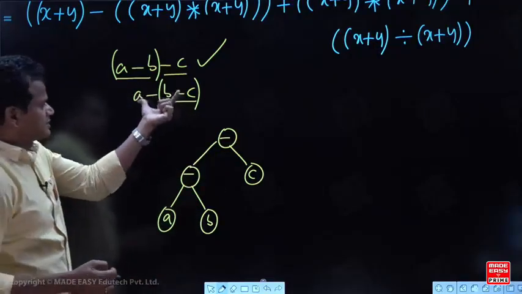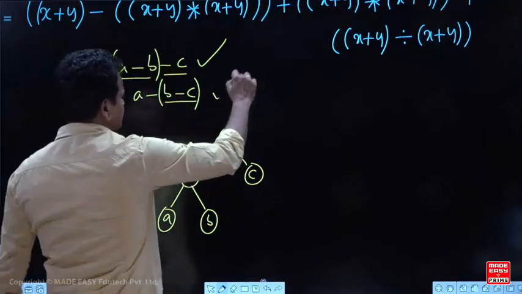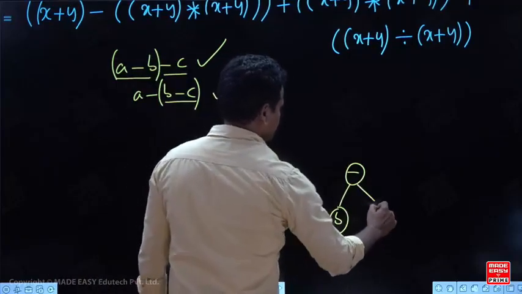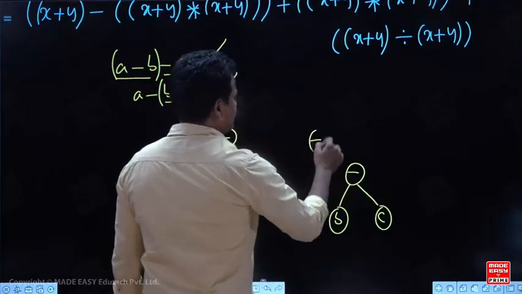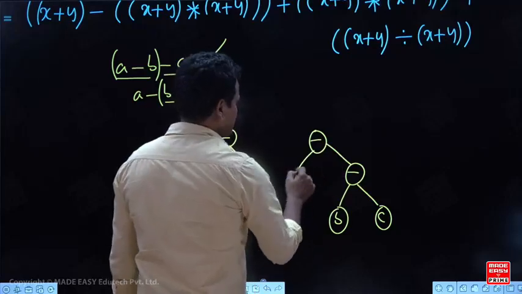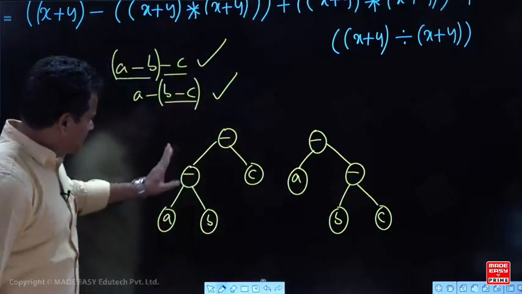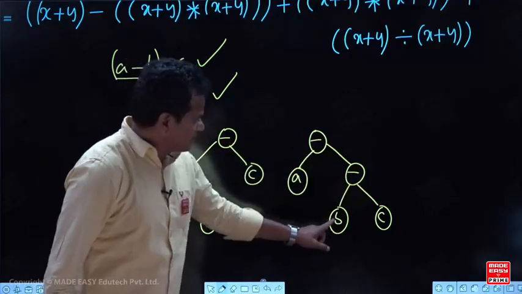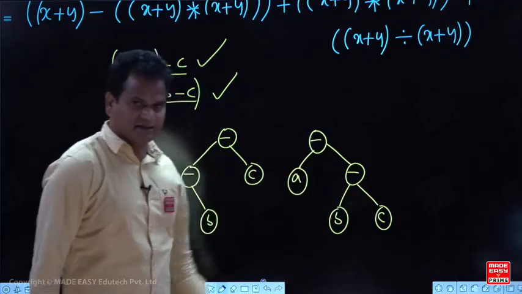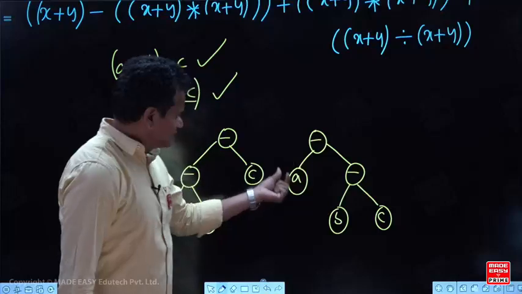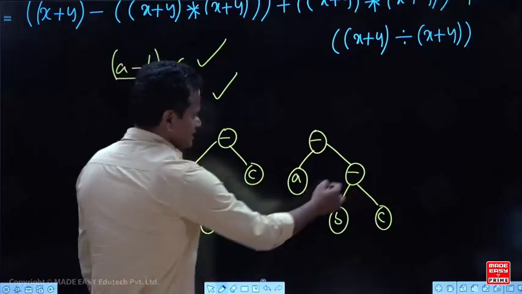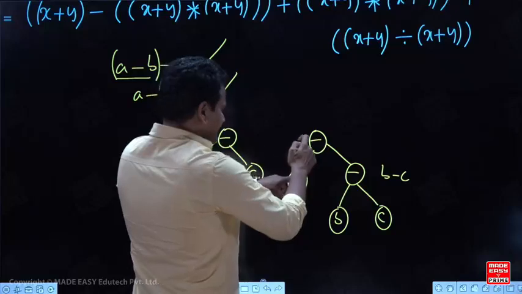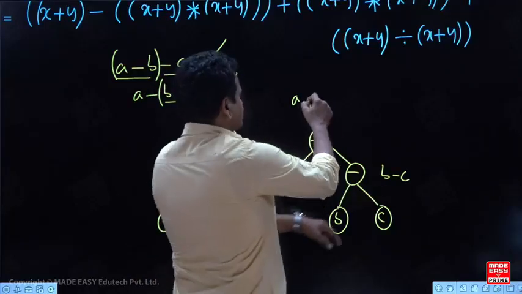Suppose I want to do this one: B minus C, and then A minus that. Do you understand the difference here? This is A minus B minus C, whereas here it is A minus the part B minus C. This part is B minus C, and here A minus this part.